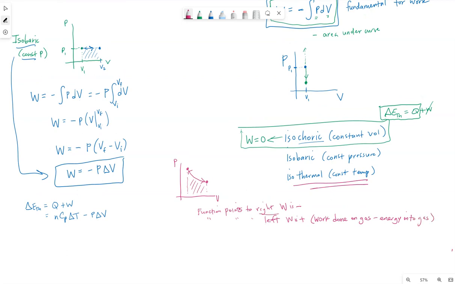If the function points to the right, work is negative, meaning work is done on the surroundings by the gas. So energy's out of the gas system.